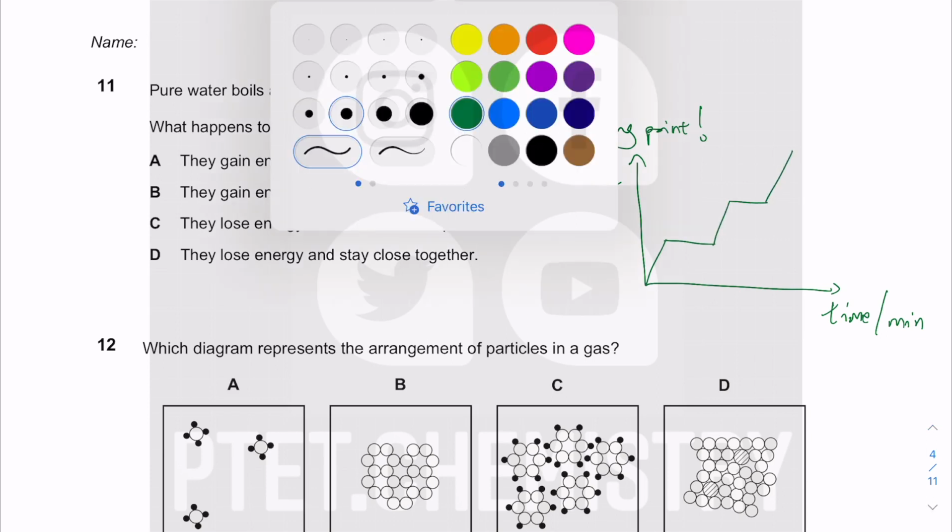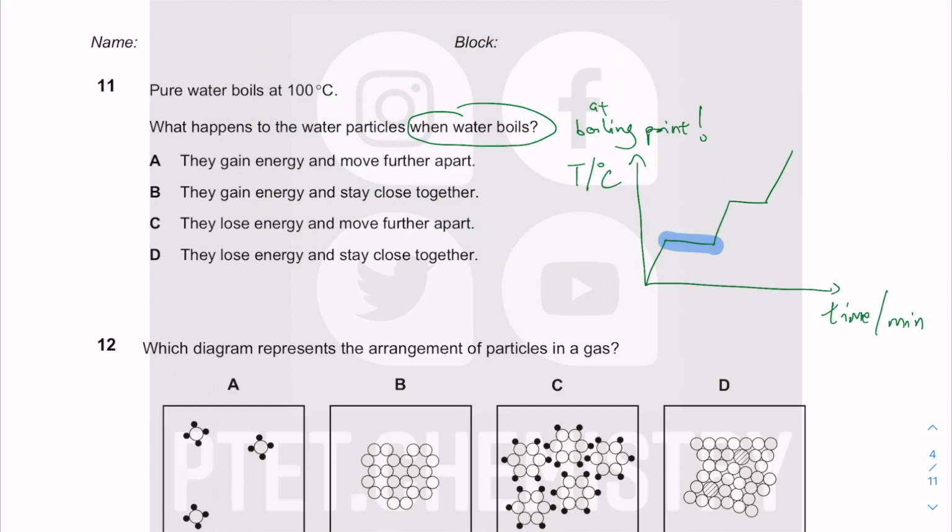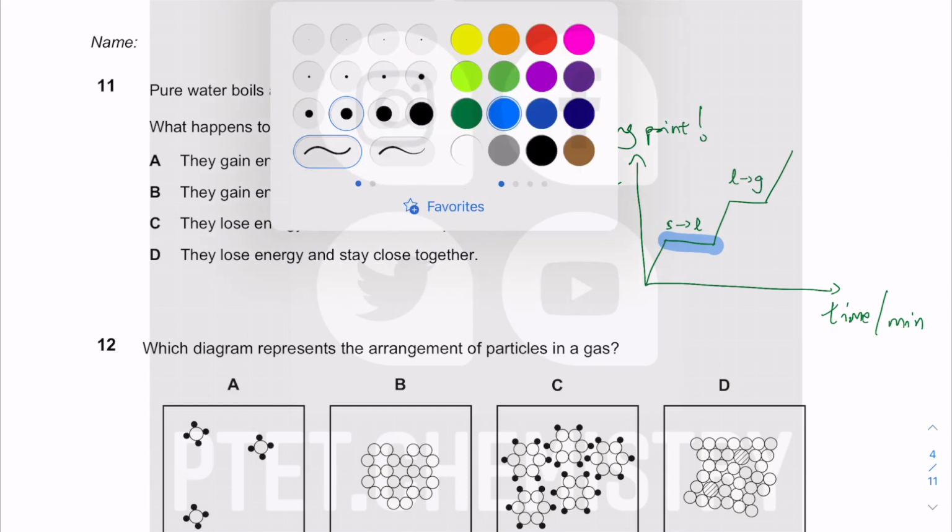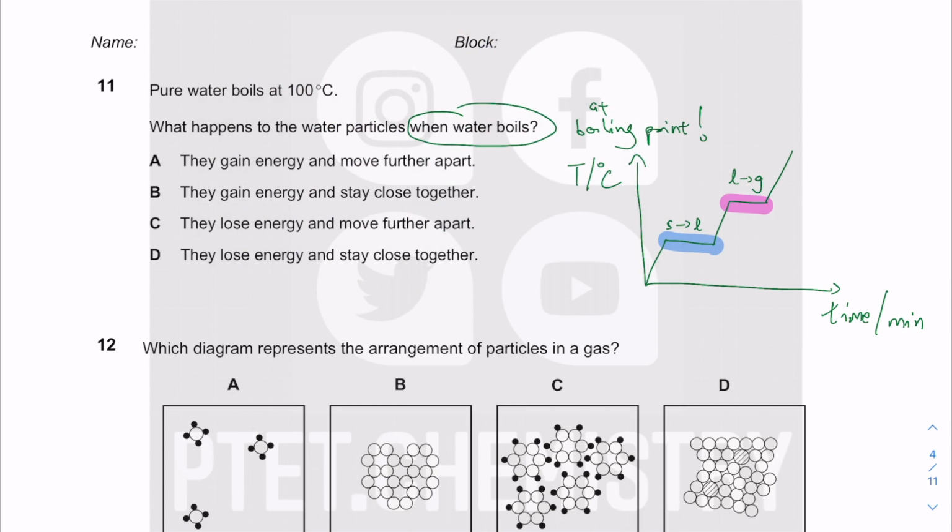This bit here, that is your solid going to liquid, and this is your liquid going to gas. That is your boiling there. Okay, so boiling point is a temperature, so you have to label it on the y-axis. So there's the boiling point.